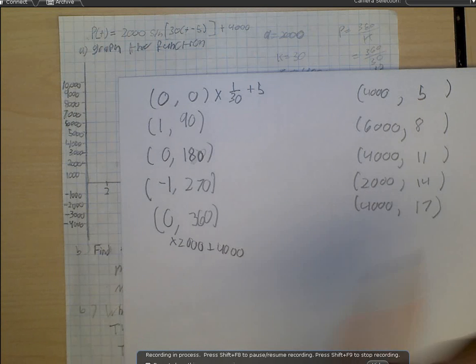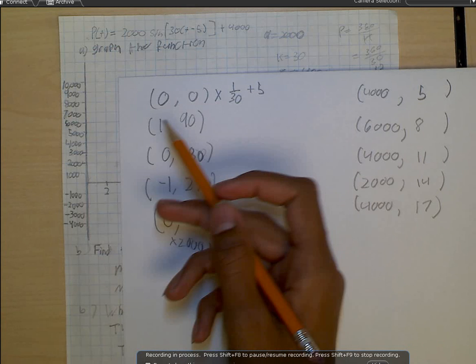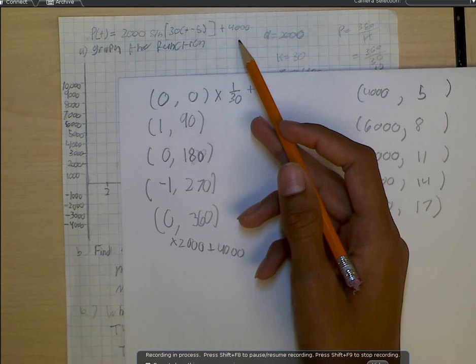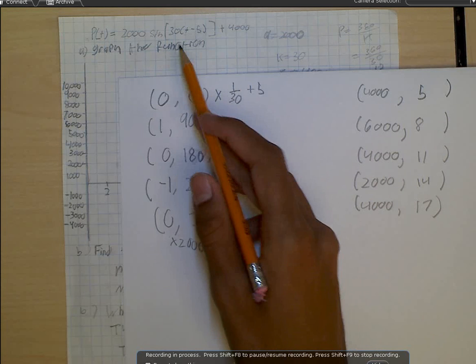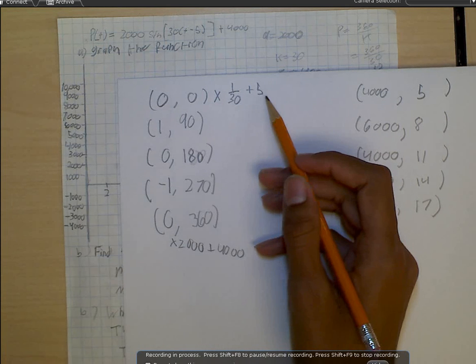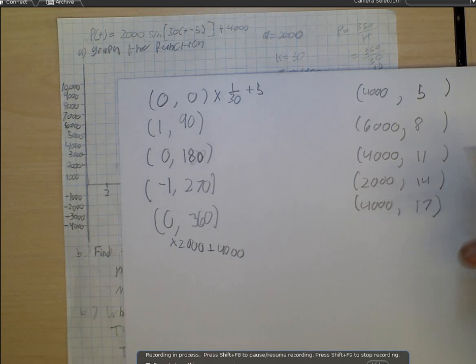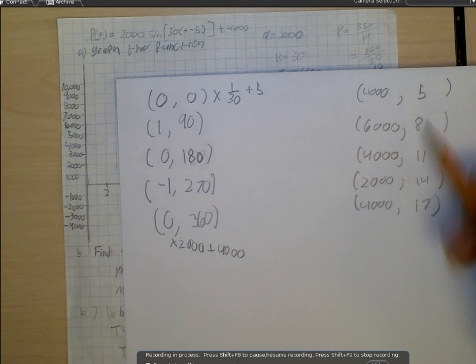For the y coordinates, we multiply by 2,000, the amplitude, and add 4,000, which is the vertical shift. And then we do the same thing for the x coordinates: multiply by 1 over 30 because of the reciprocal, and we add 5 because of the phase shift. If you do that for each coordinate, hopefully you should get these coordinates.